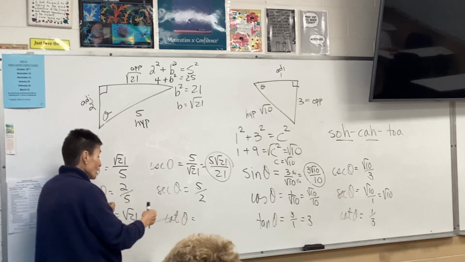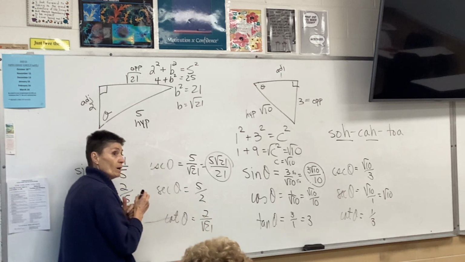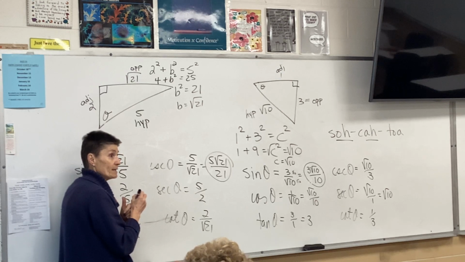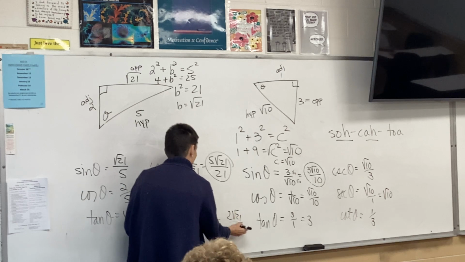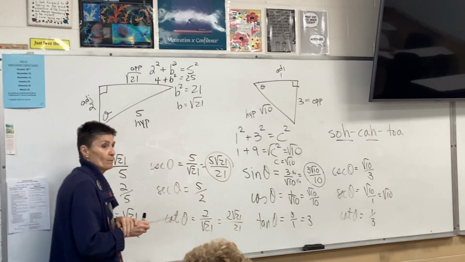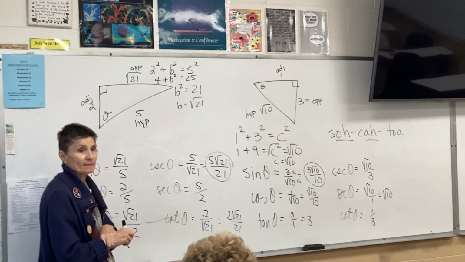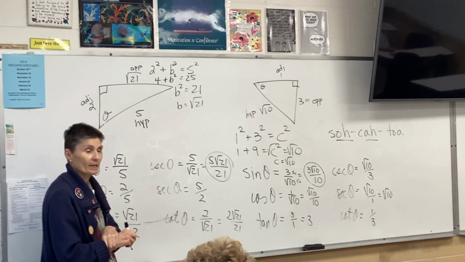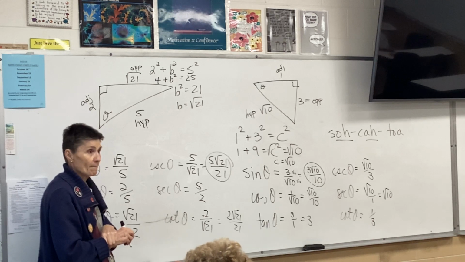Which means the cotangent is 2 over root 21, which needs to be rationalized. So 2 root 21 over 21. Kayla, you paying attention, Angel? Yeah. Okay. Everybody good with that?